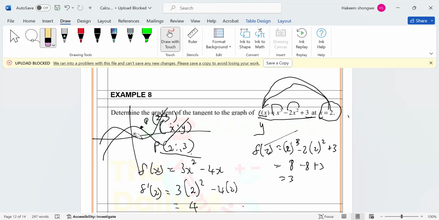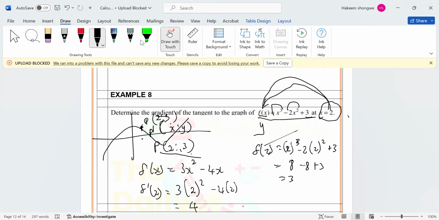Let's erase this one so that it doesn't confuse us. I only want this one. So what else do we have here? We also have another point which I call P prime. What is point P prime? It speaks about x and the gradient. The x value doesn't change. What changes is the m and the y. Where do we get y? We get it from f of x. Where do we get m? From f prime of x.